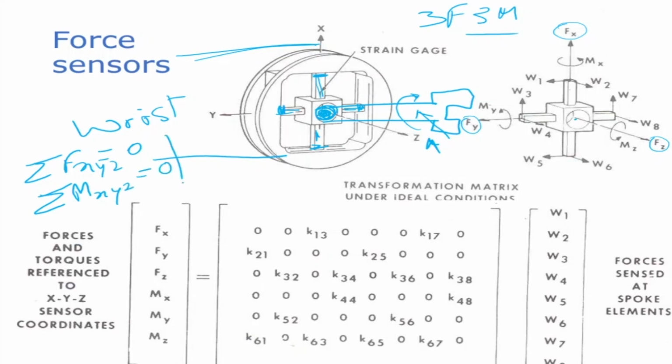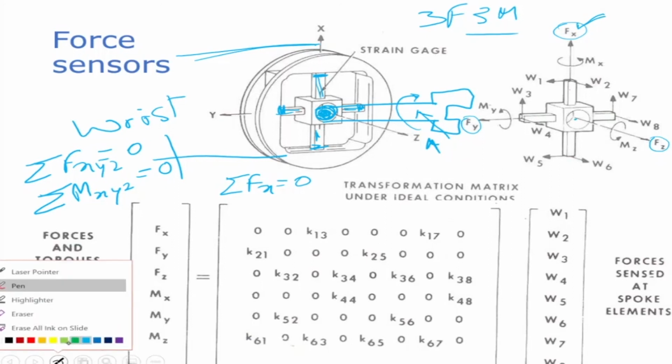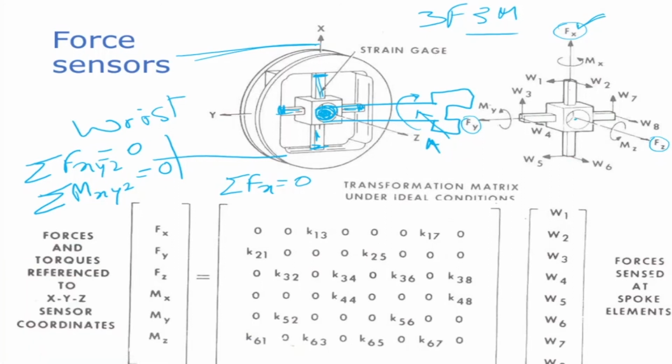So if I start off by writing sigma Fx equals 0, what are the forces in the x direction? If you look at this figure, where is Fx? Fx is in that direction. The forces in the x direction are W3 and W7. So Fx is equal to W3 plus W7.